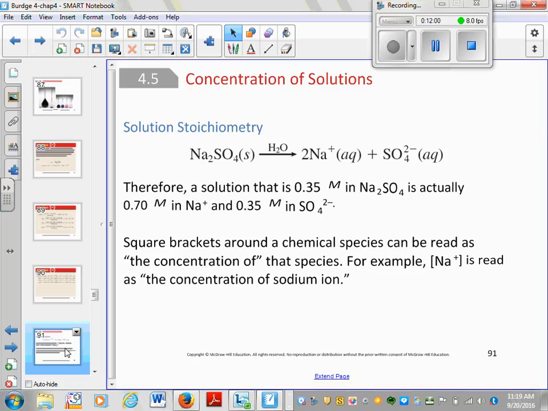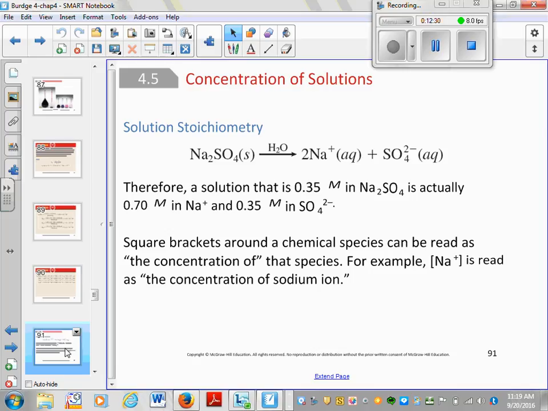Why? Because of the 2, the stoichiometry. For every Na2SO4, we get 2 Na pluses. So if I have 0.35 Na2SO4, I have 0.7 Na pluses. But I only have 0.35 SO4 2 minuses. It all has to do with the stoichiometry.